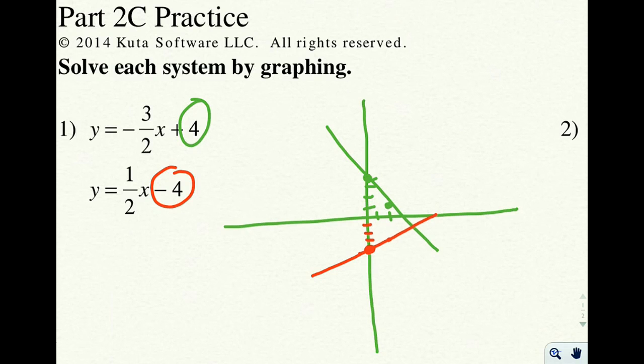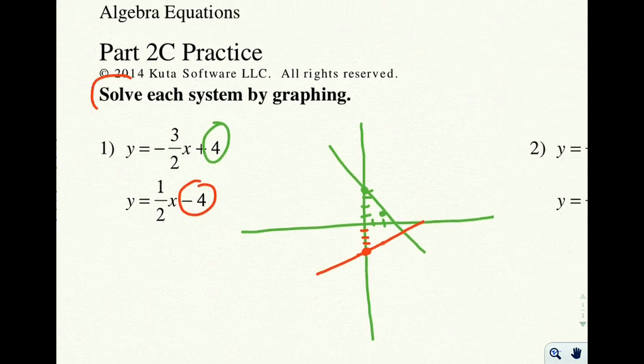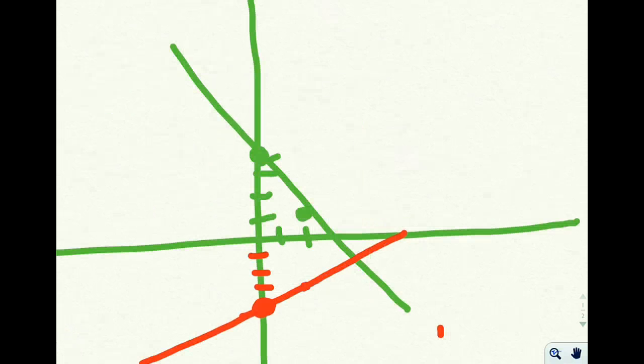And so when it says solve each system, it doesn't say graph 2 lines, it says solve each system. What it's asking you to do is to figure out where do these 2 lines intersect. That is the solution to a system, is deciding where it intersects. So as we look for this intersection point, we continue to trace our axes here.